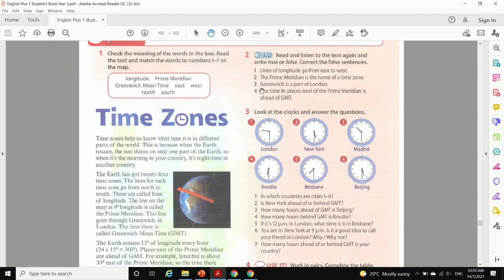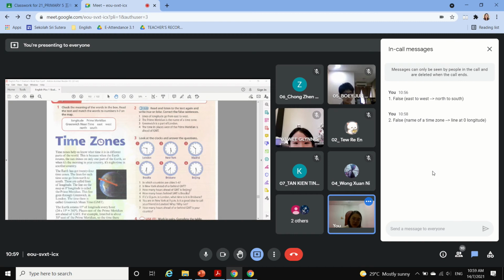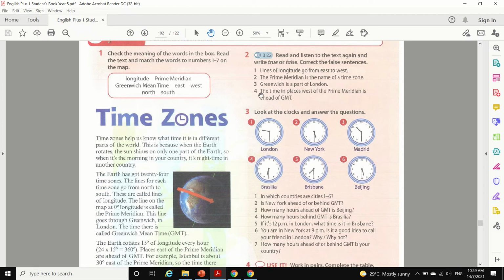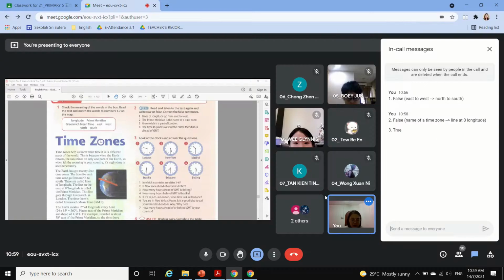Next, number 3. Greenwich is a part of London. Yes or no? True, yes. True. Number 4. The time in places west of the prime meridian is ahead of GMT.